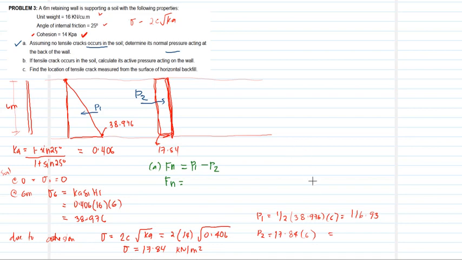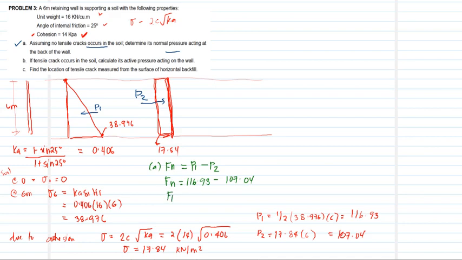So paki-check na lang yung calculation ko. This is equal to 107.04. So, meron tayong value ng P1 which is equal to 116.93 minus yung P2 natin which is 107.04.